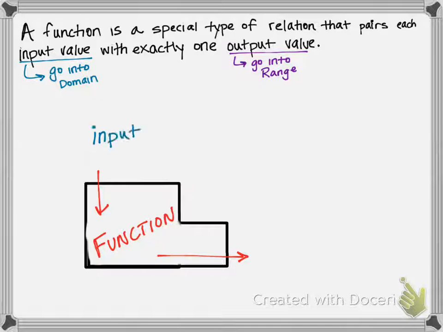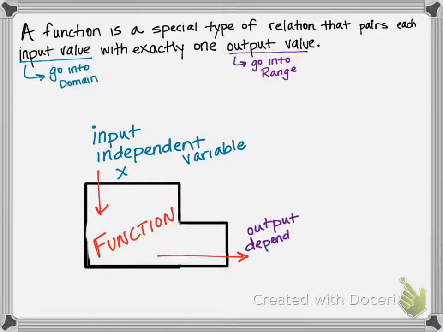So the things that go in, we either call the input value or the independent variable, which is typically what we use X for. It doesn't have to be the letter X, but that's normally what we use. And then what comes out is called the output. That's called the dependent variable because it depends on the machine to figure out what it is.